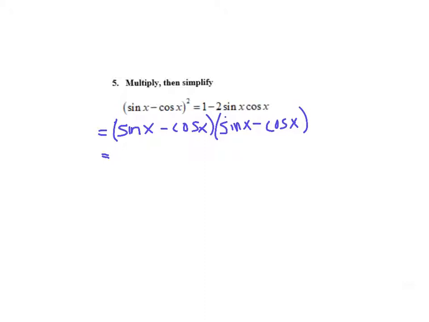See what's happening here. I'm going to go by first, outer, inner, last. Just make sure you get all 4. It doesn't really matter what order. But sine times sine, I better make little marks here. I'll make little dots. Sine times sine is sine squared.